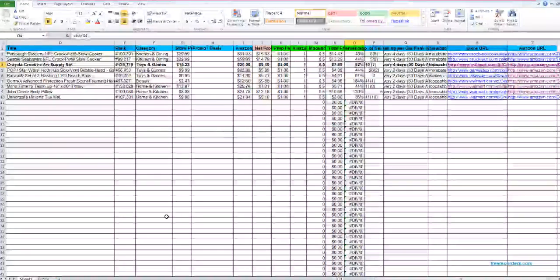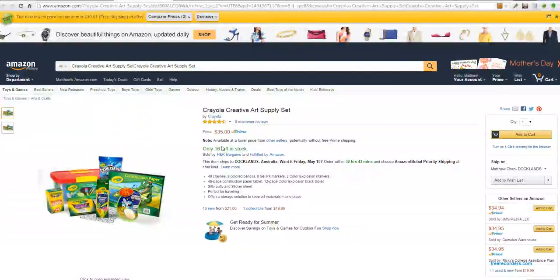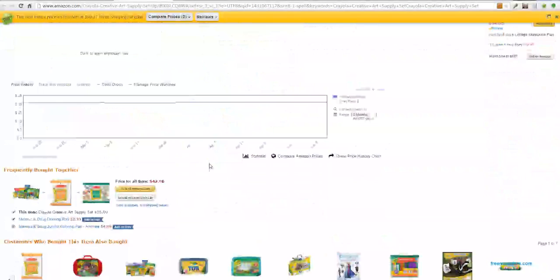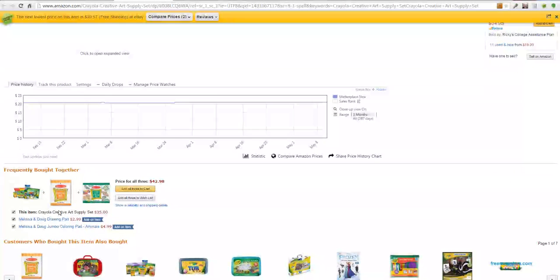So what I'd like you to do is go to the Amazon page, the Creative Art Supply set. Now if you scroll down to the bottom here, you'll see frequently bought together. So the creative art supply set that you looked at, there's two of these drawing pads.